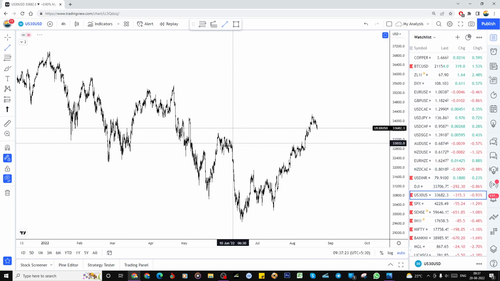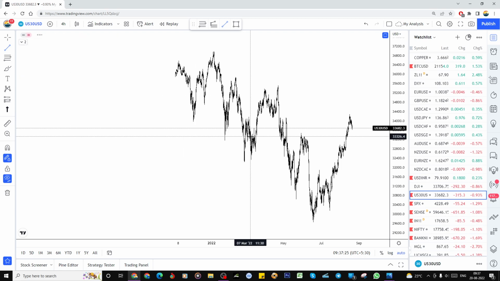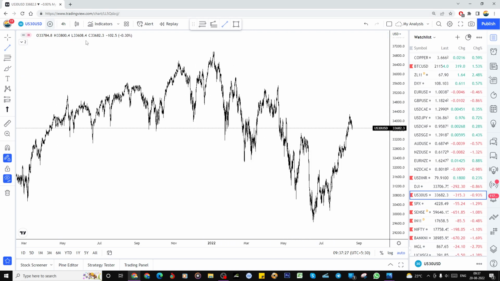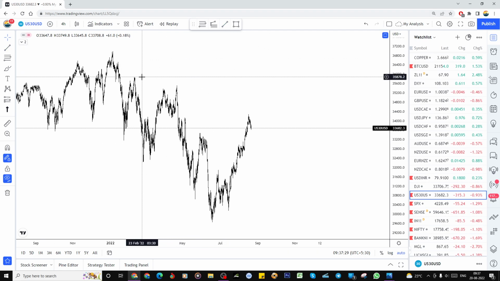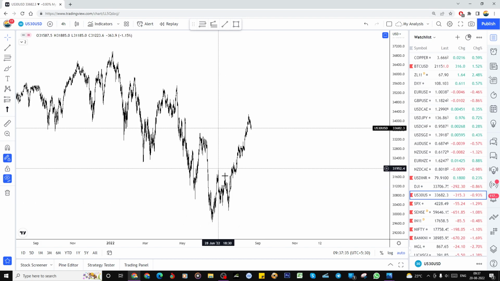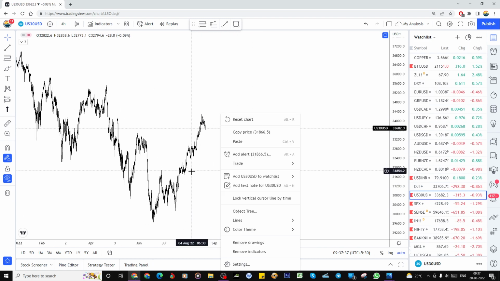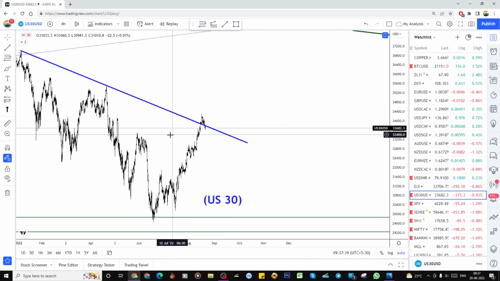Yeah, here. The same thing I have explained in the previous positional views, whether this is the one, WXY is already completed and beyond that another three-wave structure. So here also what we expected, 33,300 and it's 33,500, it already did.